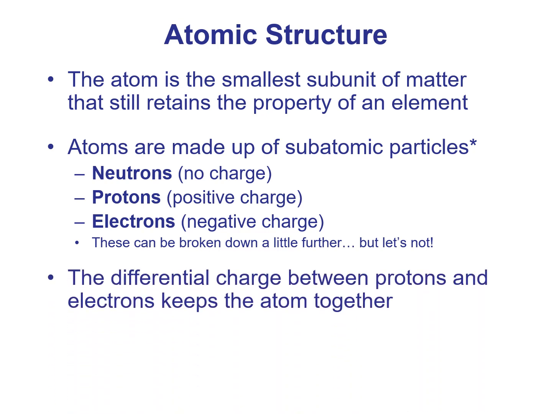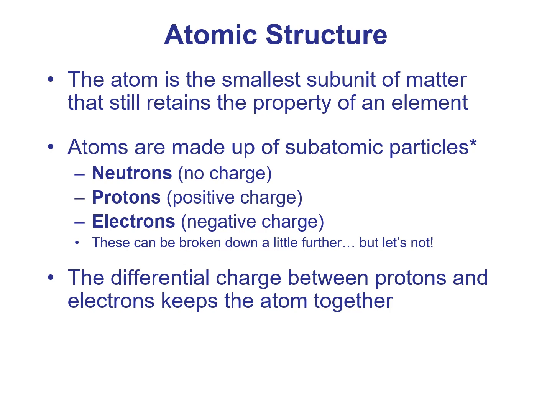The differential charge between protons and electrons keeps the atoms together. So there's an attraction between negative and positive charges. And that means that the electrons will move around in an orbit around the nucleus that contains the protons. They're attracted to that. But normally they won't go flying off because of that attraction between unlike charges.